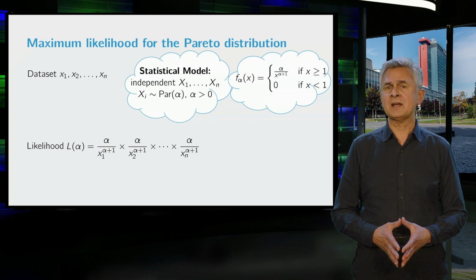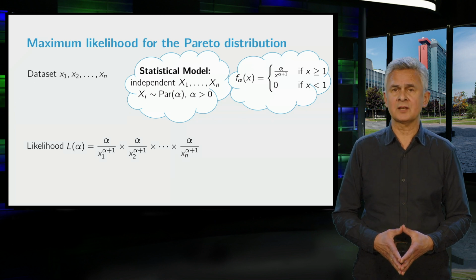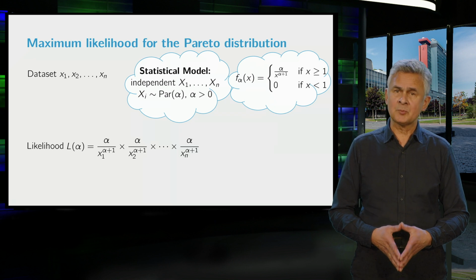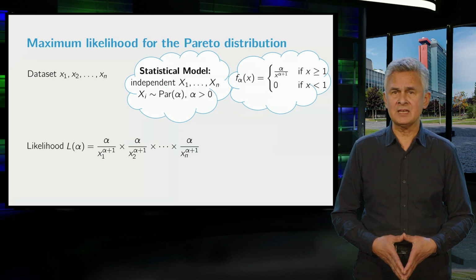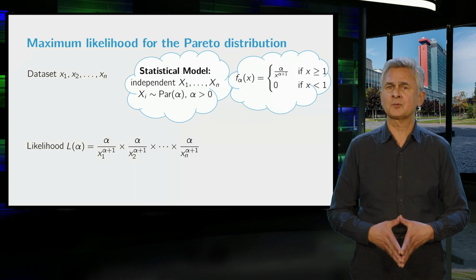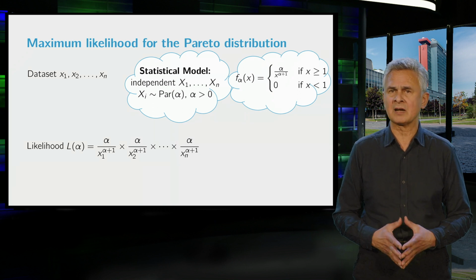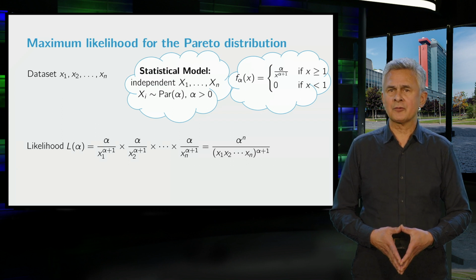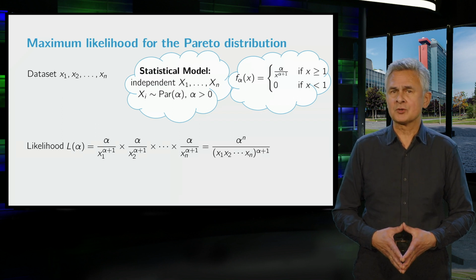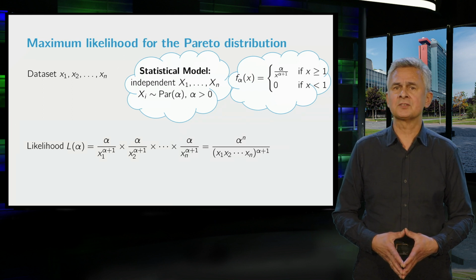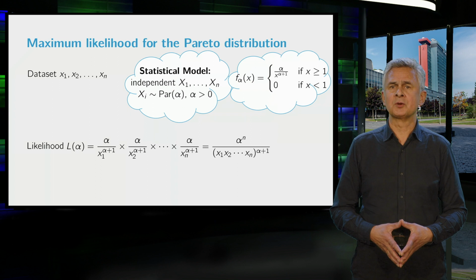Now we want to find out for which alpha this expression is maximal. As in the previous video, we can make things easier by taking logarithms, but before doing so, let us first write the likelihood in a more compact form. We can merge all alpha terms and merge all x's to the power alpha plus 1. And this leads to the expression on the right-hand side.